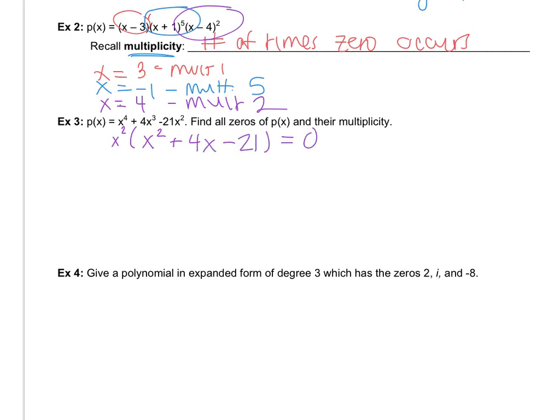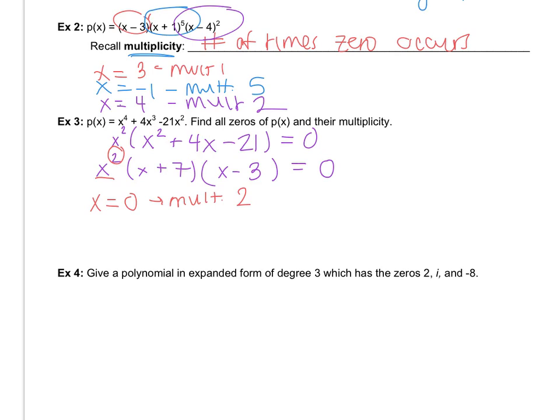And we're going to continue solving this. So I can factor my second group here: what multiplies to negative 21 and adds to positive 4? That would be x plus 7 and x minus 3. So these factors give us the following zeros. We have x equals 0. That comes from x squared equals 0, but because of that 2, we know that this has a multiplicity of 2.